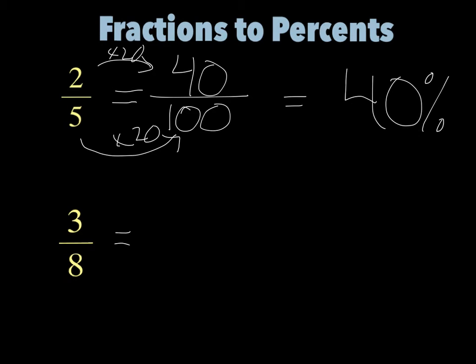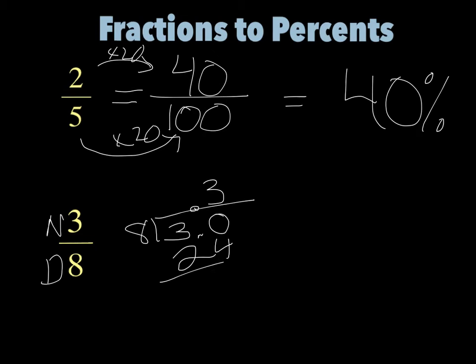Once again, I would always start by thinking, can I get to 100 easily? And this one you can't, so I would not do it that way. I would divide it and get a decimal. Remember when we talked about dividing, we have our numerator and our denominator. Our numerator goes on the inside, and our divisor is the one dividing. 8 cannot go into 3, so we need to add a decimal. 8 will go into 30 3 times, which gives me 24.